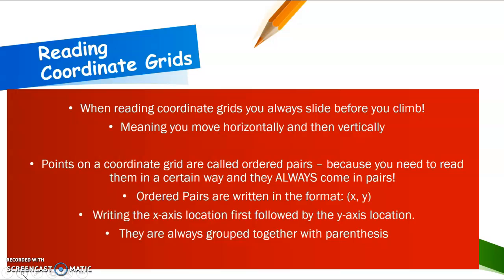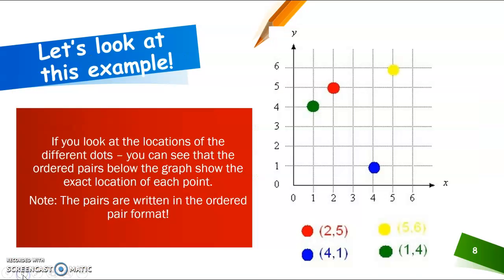So you're always going to do the horizontal one first, and then the vertical one gets listed because you're always going to slide before you climb. And they're always grouped in parentheses to make sure they never get separated, right? They're a pair. So they're always in that format. I also remember that they're always going to be in that format because X comes before Y in the alphabet. So another trick.